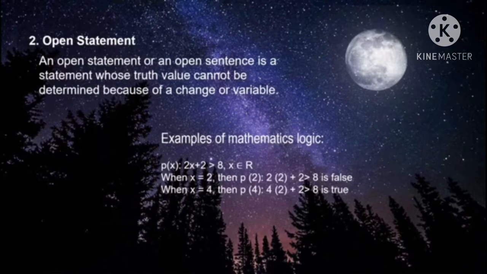And next, for example, P(x) equals 2x plus 2 more than h, x element of R. When x equals 2, then P(2) obtains 2 times 2 plus 2 more than h. It is false. When x equals 4, then P(4) obtains 4 times 2 plus 2 more than h. It is true.